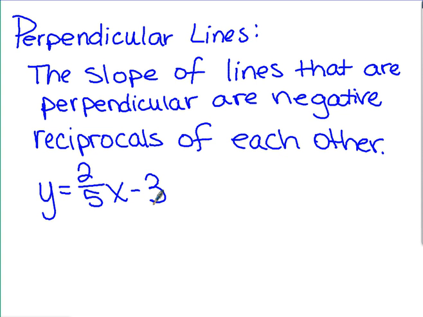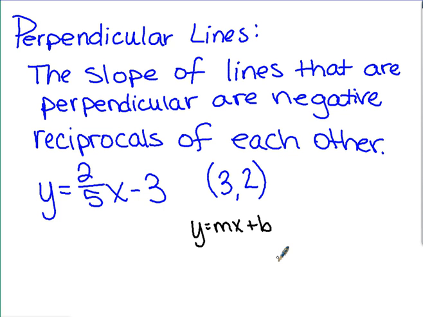For example, we're going to find the equation of a line that is perpendicular to y equals 2/5 x minus 3 and passes through (3, 2). Keep in mind the equation of a line is y equals mx plus b.